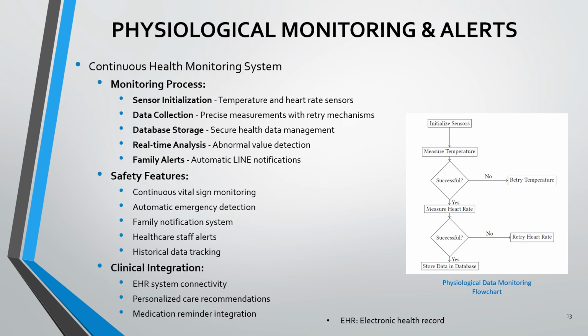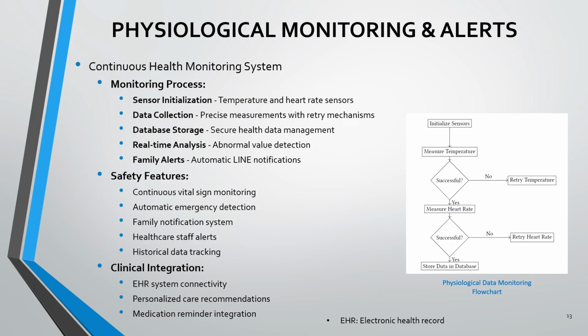In the physiological monitoring and alert, this is a continuous health monitoring. The monitoring process has 5 stages: sensor initialization, data calculation, database storage, real-time analysis, and family alerts.